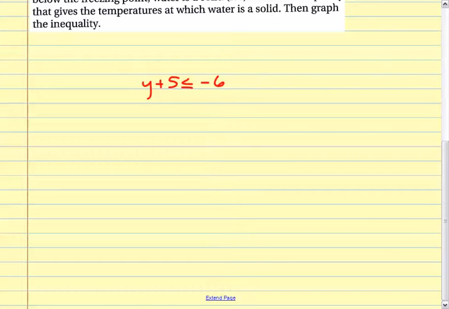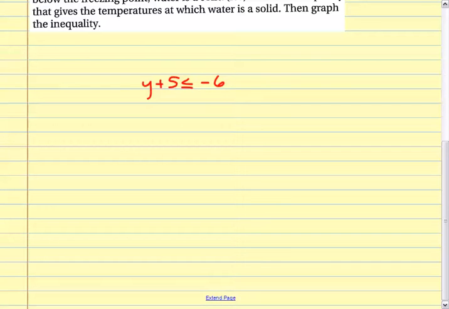Yeah. -6. Okay. Now, we solve inequalities the exact same way that we solve equations. There's one exception, which I will tell you about tomorrow. It's when we're multiplying and dividing, but you don't have to worry about that now. It works exactly the same way as we solve equations.